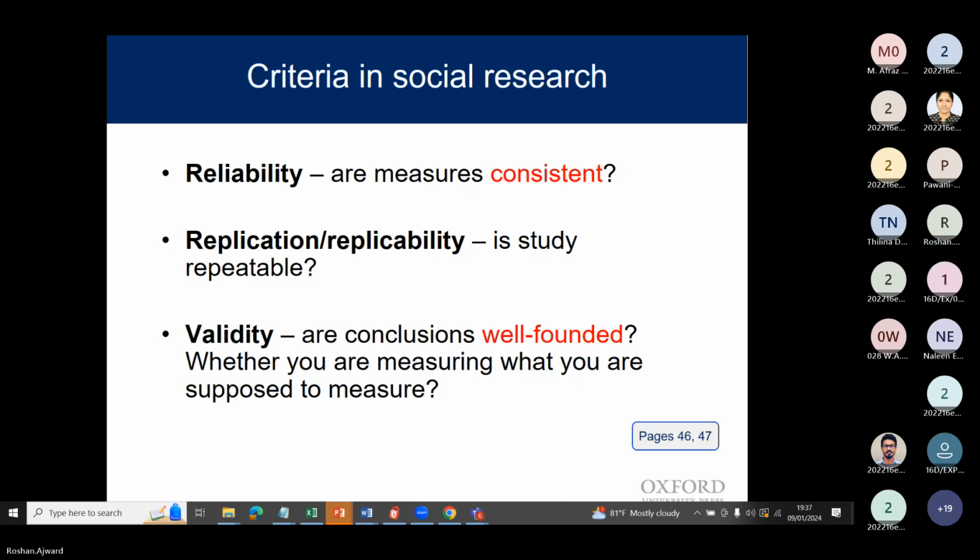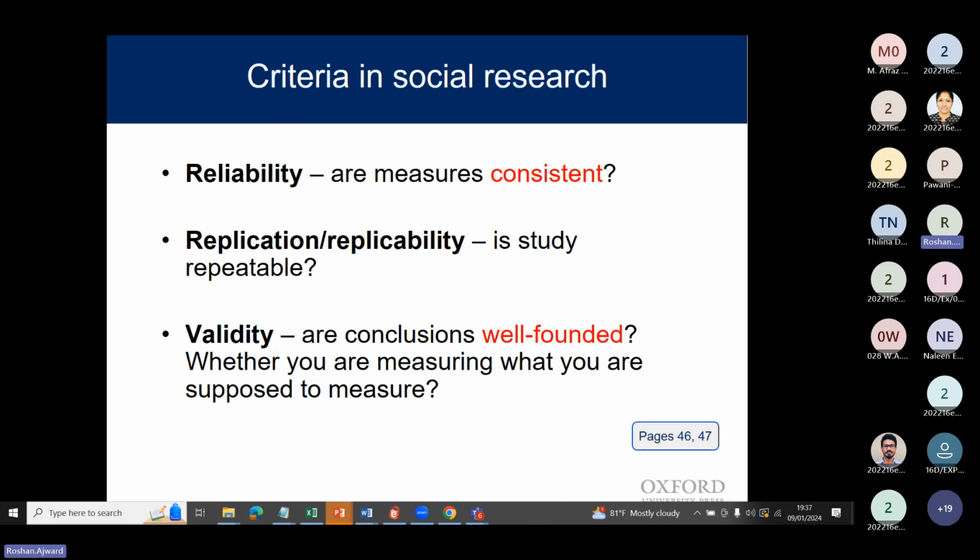Whether your data collection instruments, your data collection techniques are consistent, whether they would give consistent results, is called reliability. Now in day-to-day language, how do you call a reliable person?